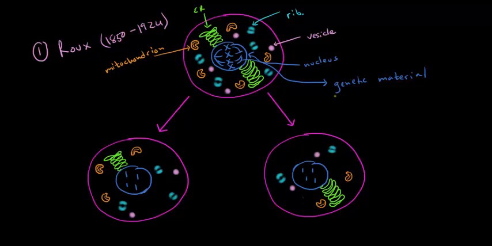So the conclusion here was that genetic material is made up of protein and or nucleic acid. This was the conclusion that Friedrich Miescher's experiment and Roux's experiment helped prove.